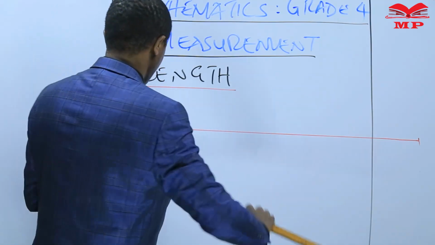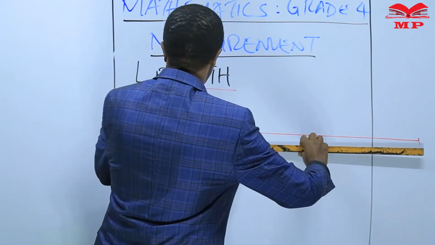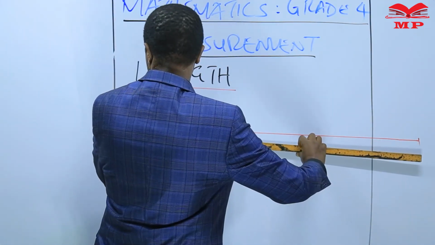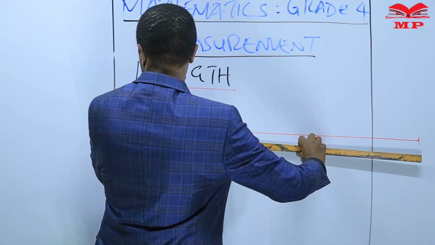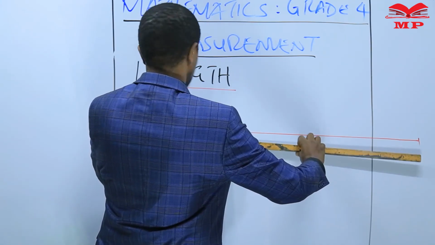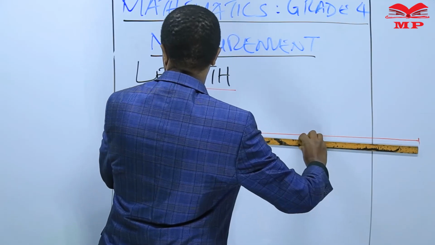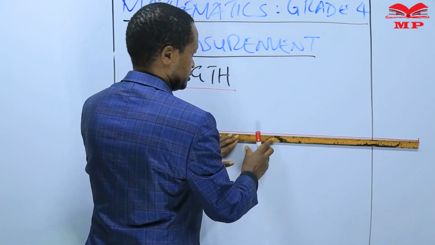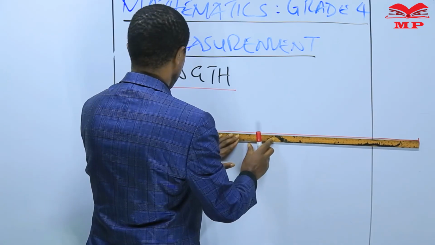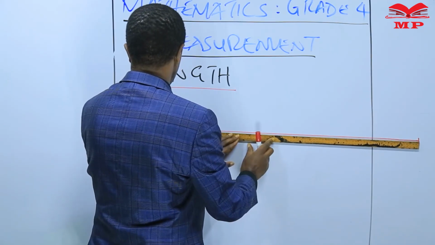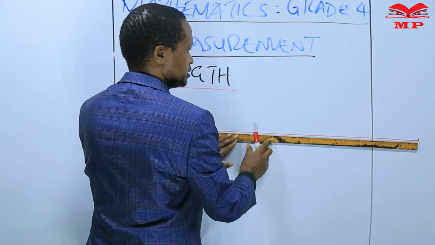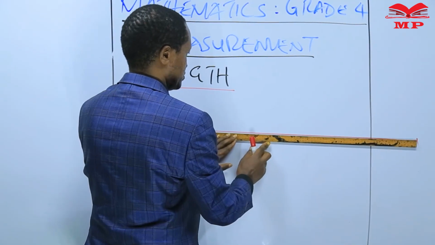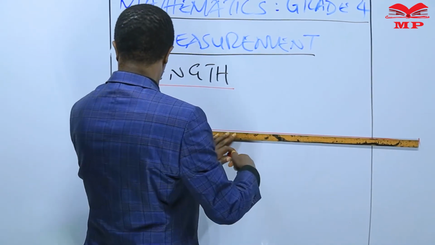So let me have the 10 equal parts. This is the 1 meter ruler.